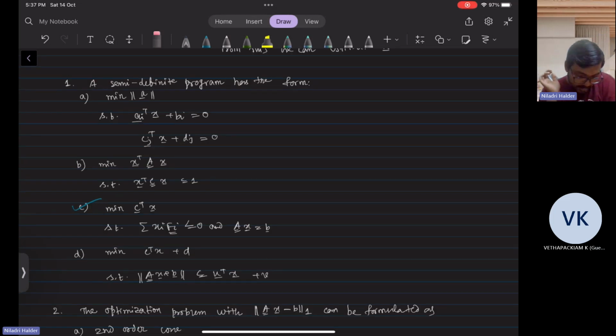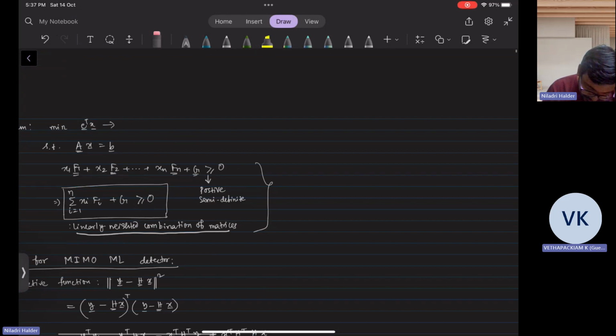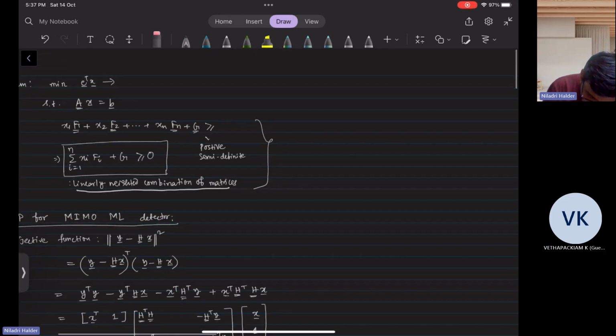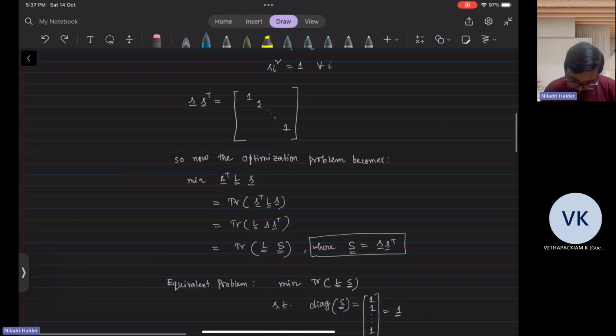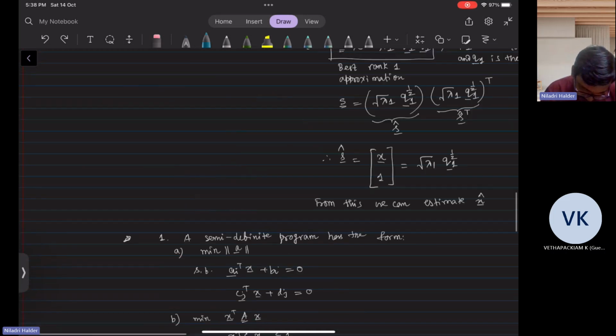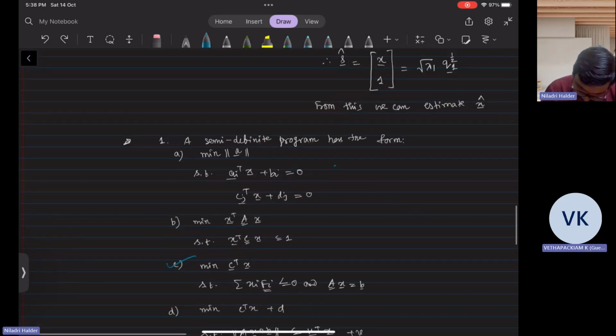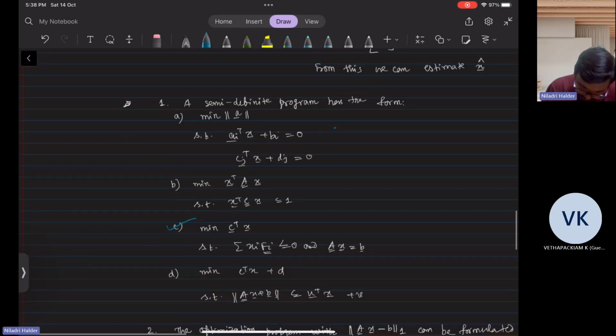In the first option, minimize norm of A subject to some constraint. But here you see there is no inequality constraint. Positive semi-definite means one inequality constraint should be there, right? That is not there in option A, so option A should not be correct. Then option B is x transpose cx less than or equal to 1.